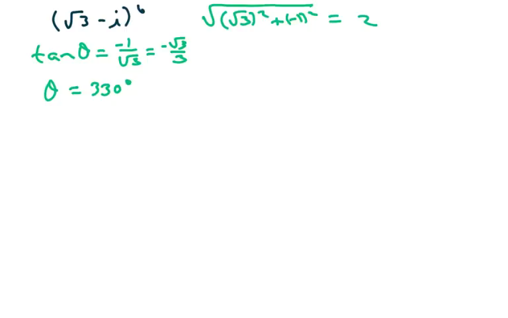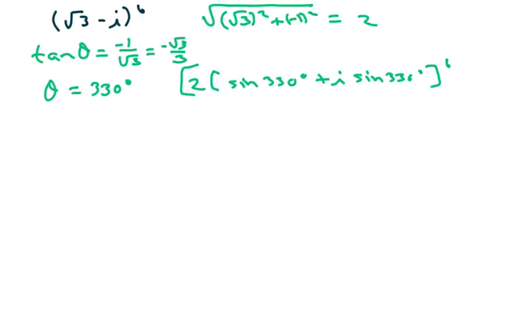So let's write this out. We have 2 times cosine of 330 degrees plus i sine of 330 degrees, and this is all to the 6th power.